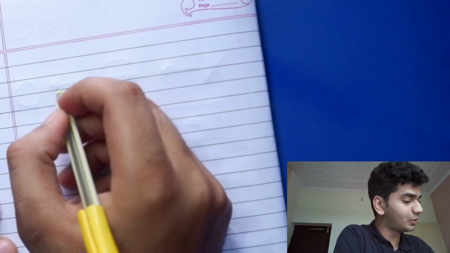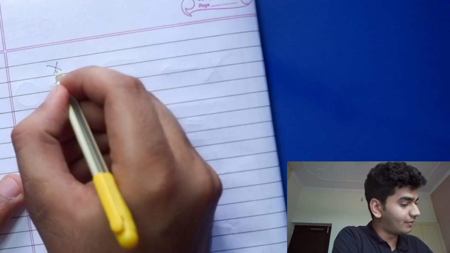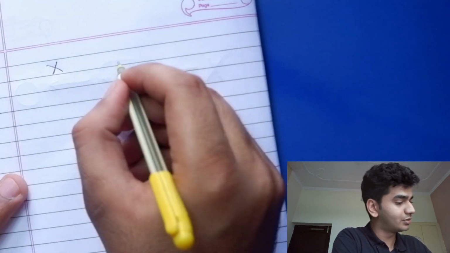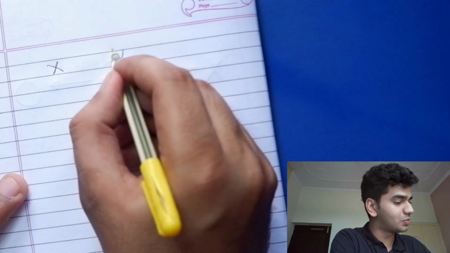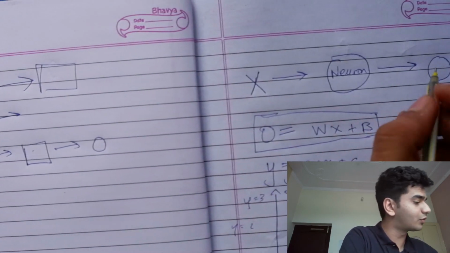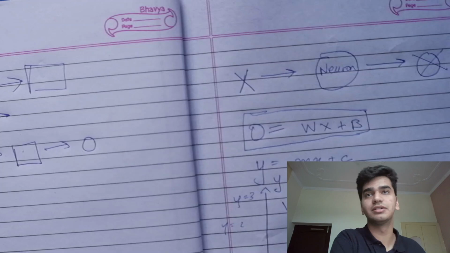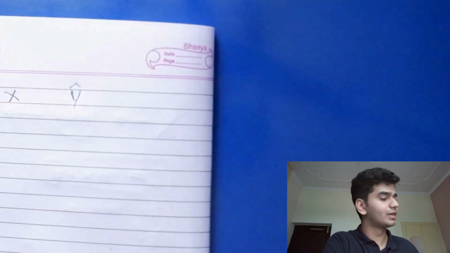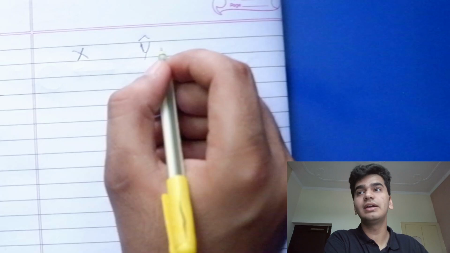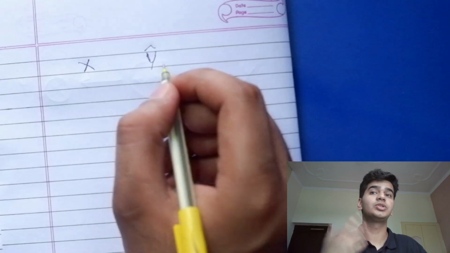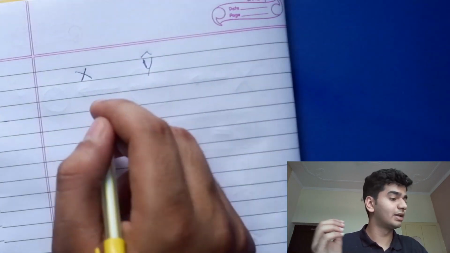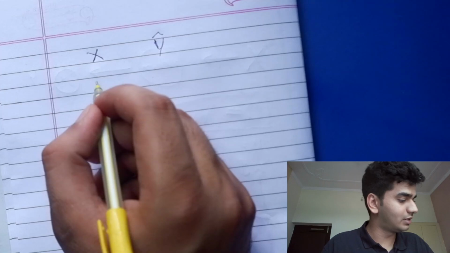So, for example, you have values of x that are inputs and values of y that are, let's call this y hat. And even here, instead of calling this O, let's call this y. That's much easier, much more standard. And y hat will be the actually right answers. Y is what our neuron produces, which might not be right, but y hat is going to be the ideal answers.